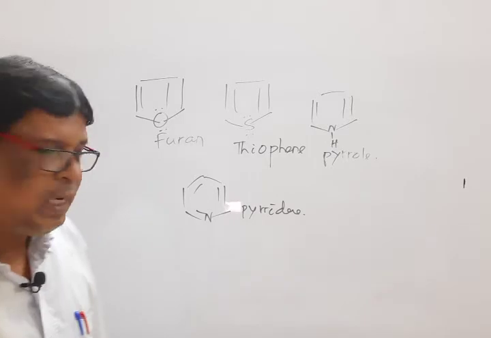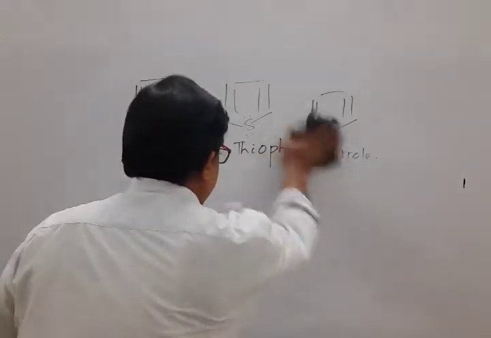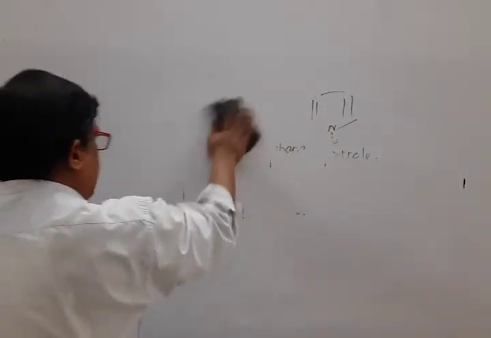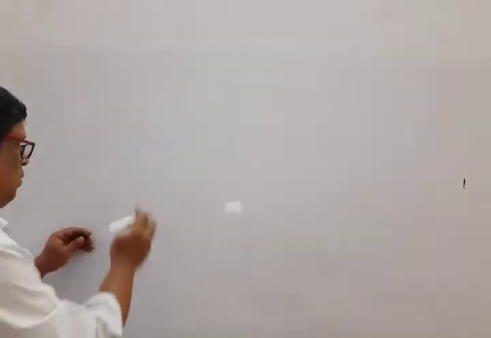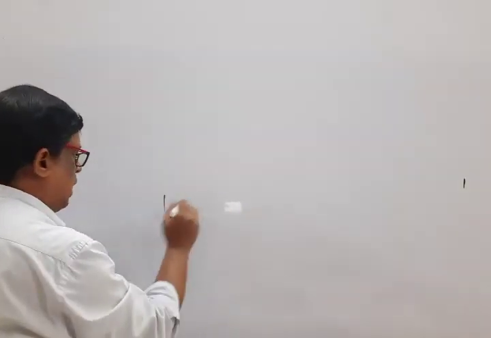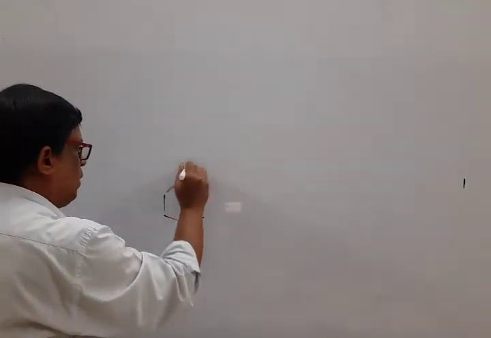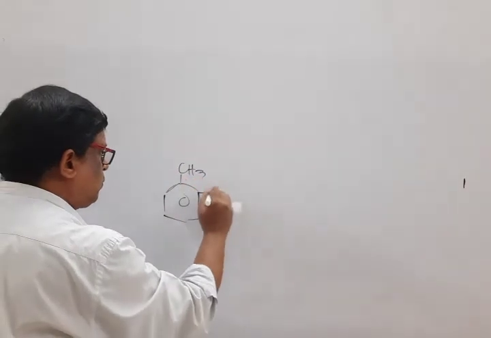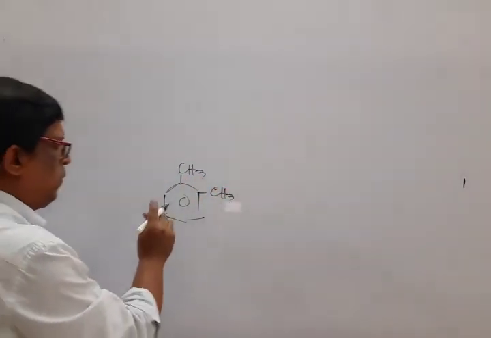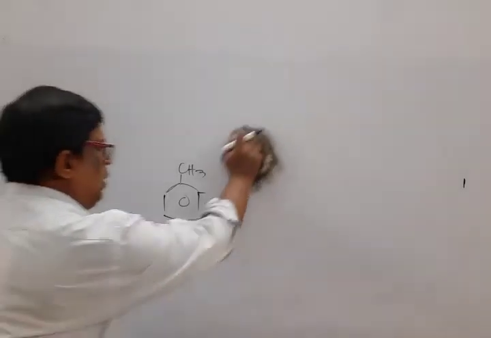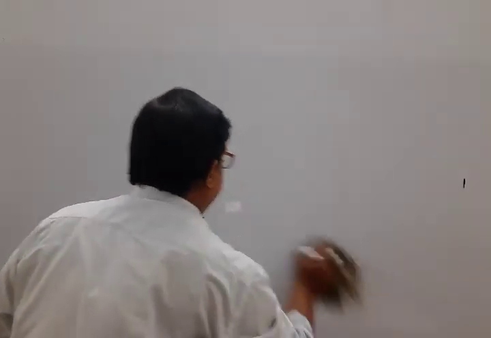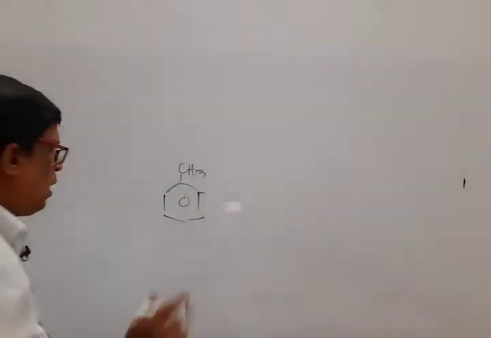Okay, mark that if two substituents are there on the benzene nucleus, there are some examples. If only one substituent is there, it is numbered as 1.